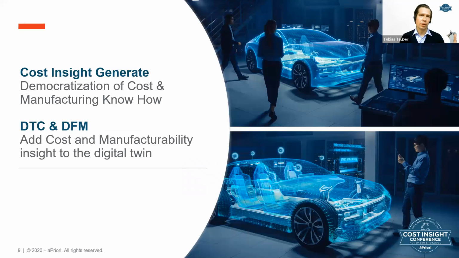So we apply disruptive technology without disrupting the engineer in their workflow today, accompanied by another aspect of aPriori's product portfolio, which is design-to-cost and design-to-manufacturability information that we add to the digital twin to enable in-depth and detailed analysis and insights when needed to develop better products faster.